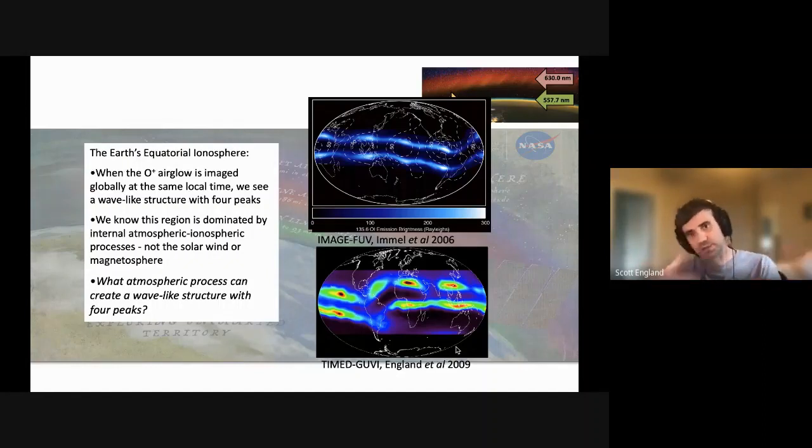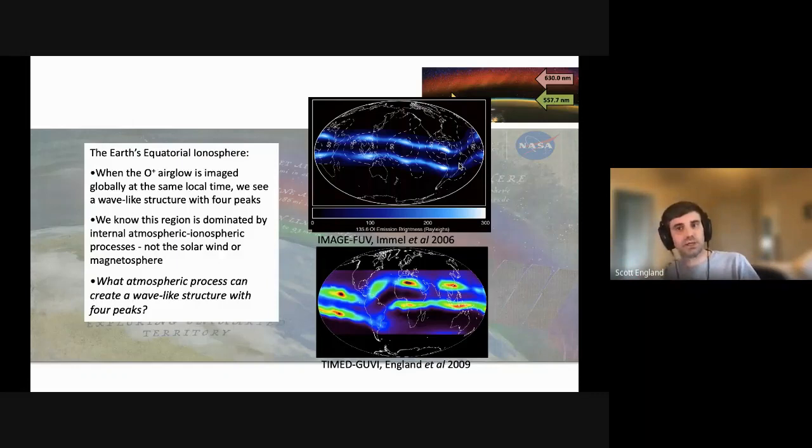So it follows the magnetic equator for sure, but there's a longitudinal asymmetry in it. We termed it the wave 4 pattern, right? So these 4 peaks, where it gets a bit brighter and moves a bit further from the magnetic equator. And we'd see this much of the time, most of the year, not all the year. There's some seasonal patterns and things in here.